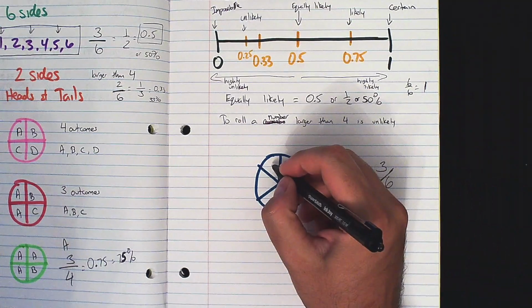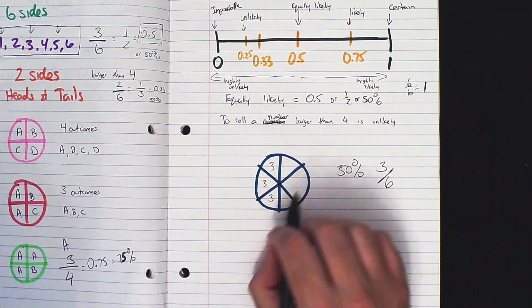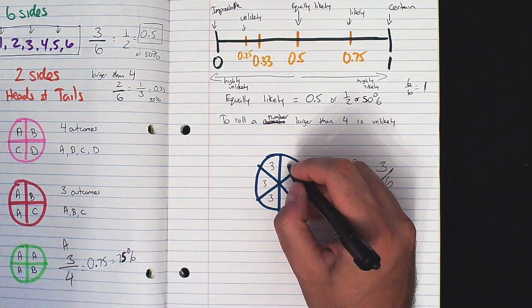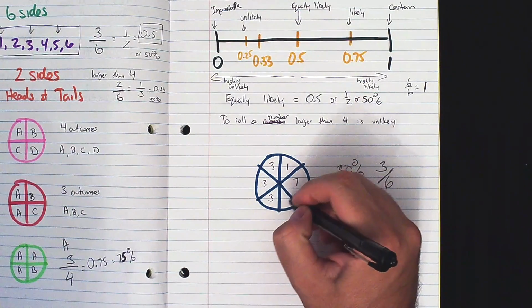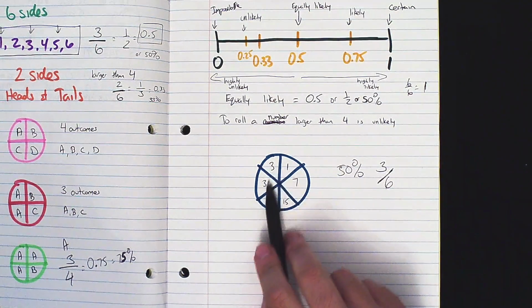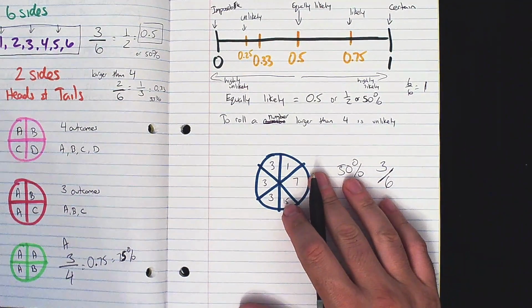So you want 3 of them to be 3s, and the other 3 numbers can be anything, as long as they're not 3s. You can do a 7, you can do a 15. This spinner shows us that there is a 50% chance to roll a 3.